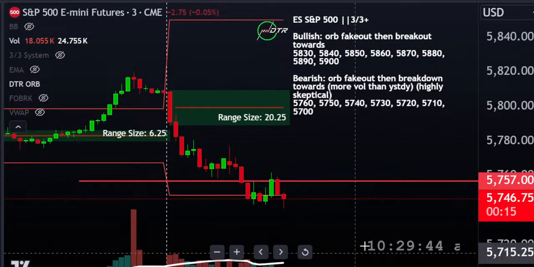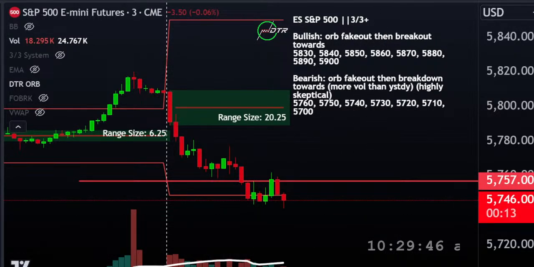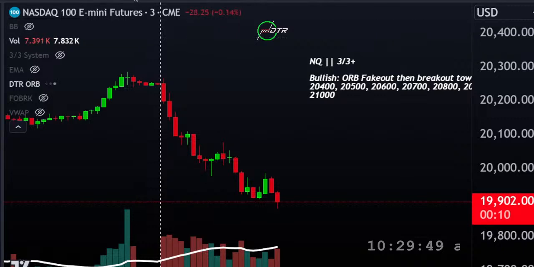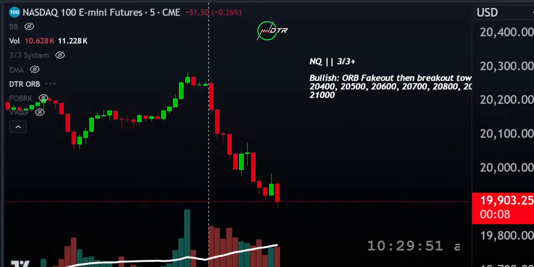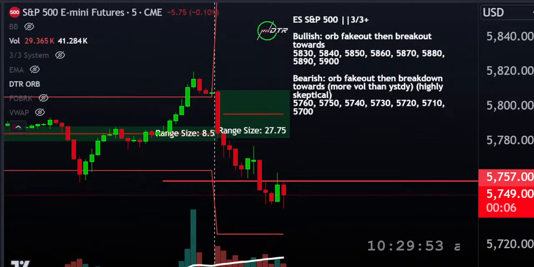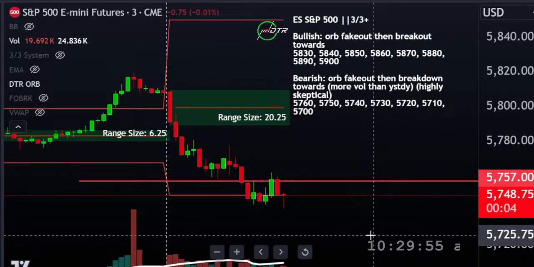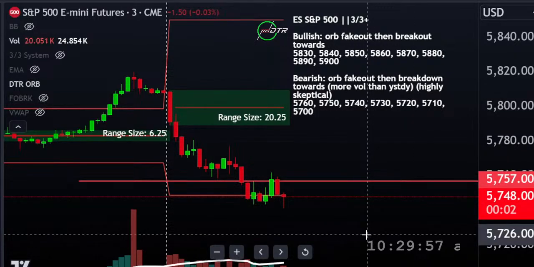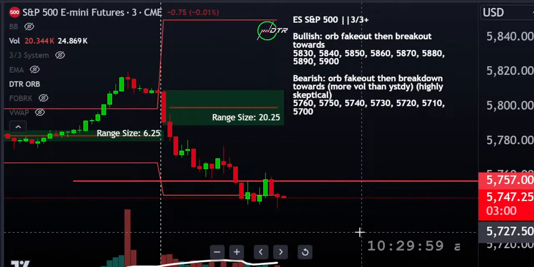Again, little fake out lower here, but probably not going to close on enough enthusiasm. Same thing with NQ. Ooh, be close. Nope, not yet.